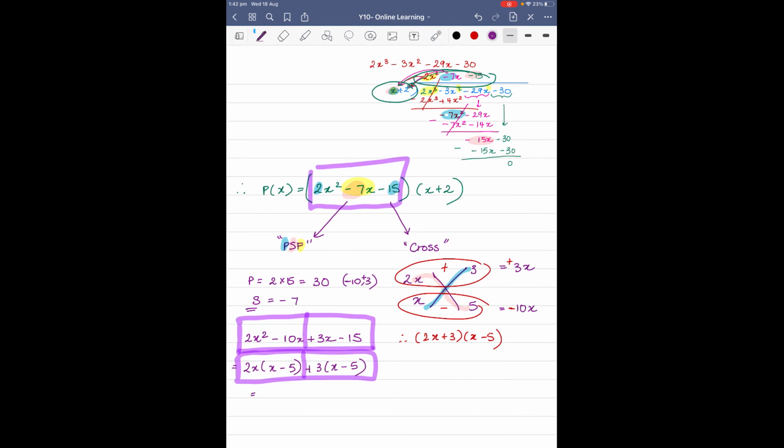So I'm going to pull out x minus 5. What I have left in the first box is 2x, and what I have left in the second box is 3. So to conclude my answer, my polynomial is x minus 5, 2x plus 3, and then we have the last factor down here. If I multiply these three brackets, I should end up with this polynomial here.